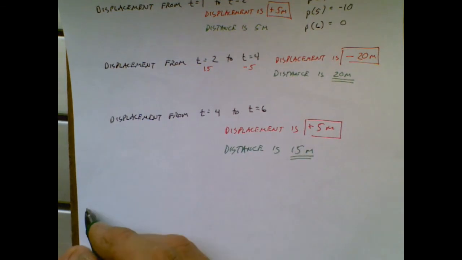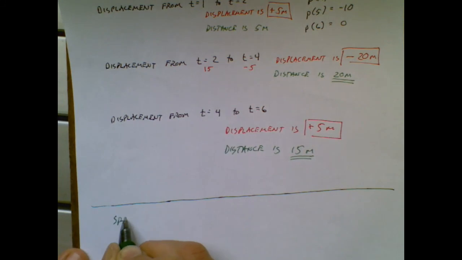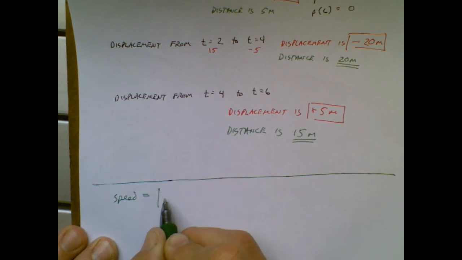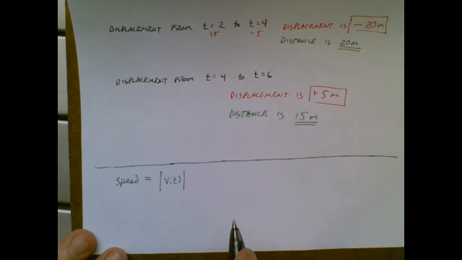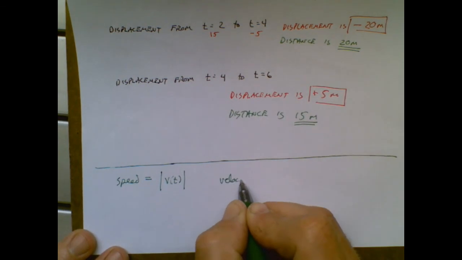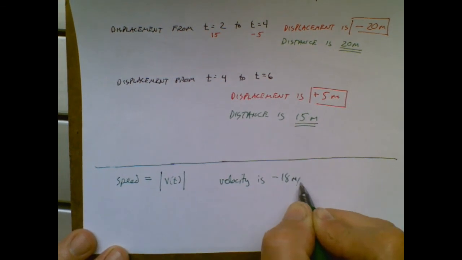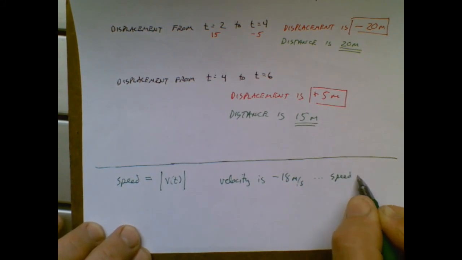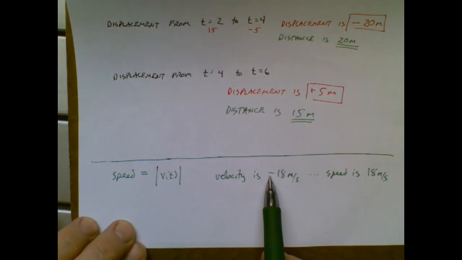In a related example, know that speed, how fast an object is traveling, is the absolute value of velocity. So what do I mean by that? If my velocity of an object is, say, negative 18 meters per second, that means the speed is 18 meters per second. The negative on velocity just tells me I'm traveling to the left.